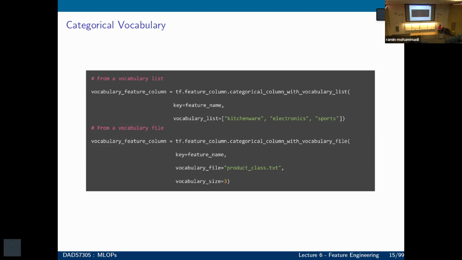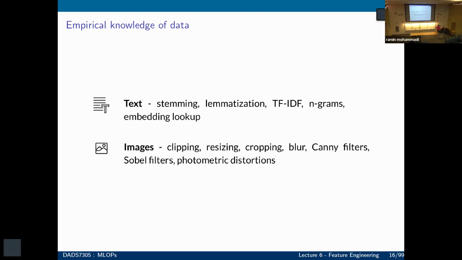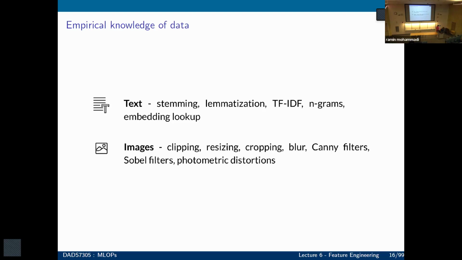So they basically, it's better than working with plain Python. When it comes to empirical knowledge over your data, if you're dealing with text, you do stemming, lemmatization, TF-IDF, n-gram, embedding, anything basically that could give you some deeper contextual knowledge about your textual data.